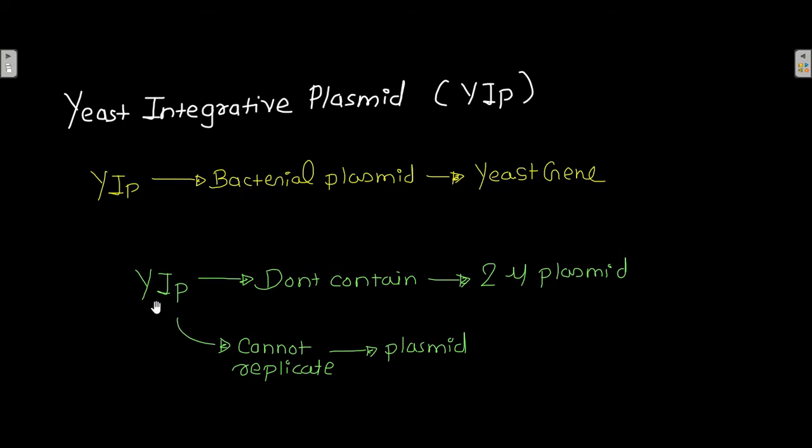This YIP does not contain any part of the 2-mu plasmid, and it cannot replicate as this plasmid does. It is a bacterial plasmid which contains a yeast gene.